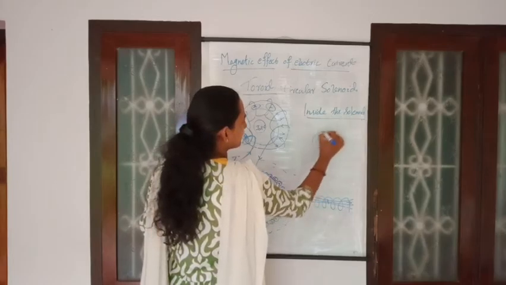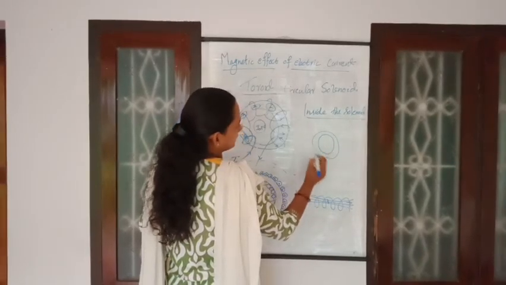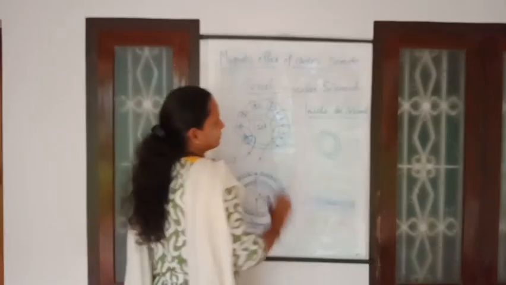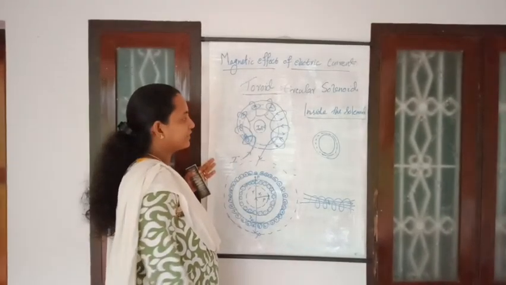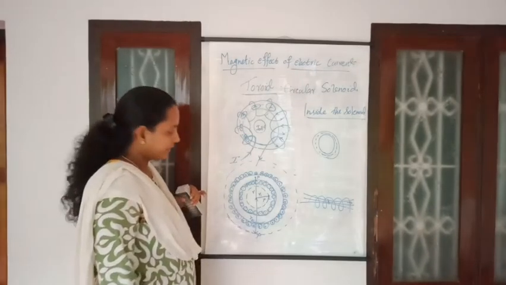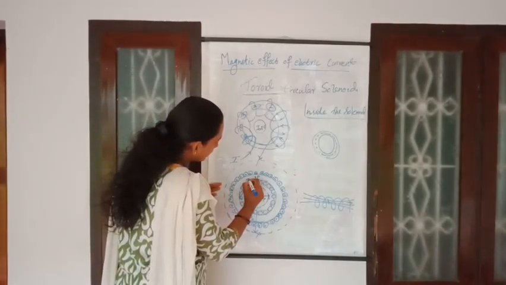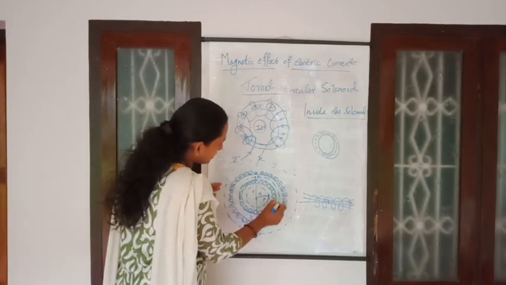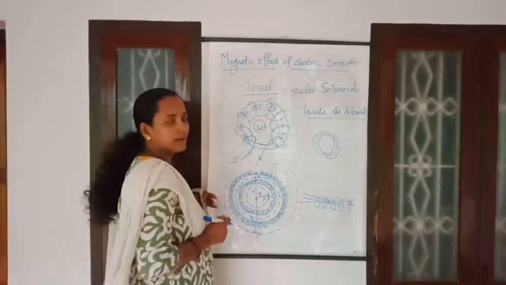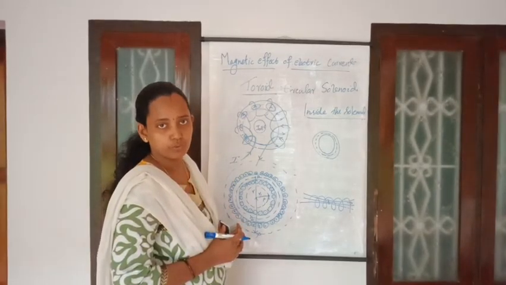Whenever you are considering the solenoid like this, there is a net, uniform, strong magnetic field within the loop of this solenoid, and it is uniform in magnitude.